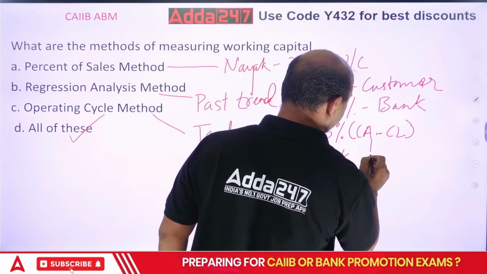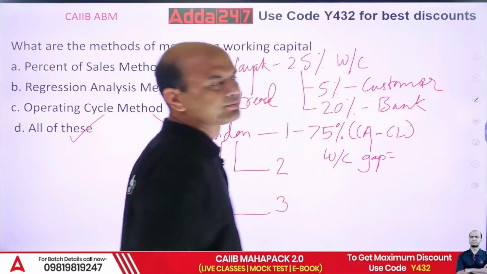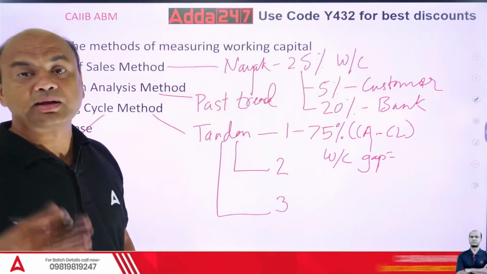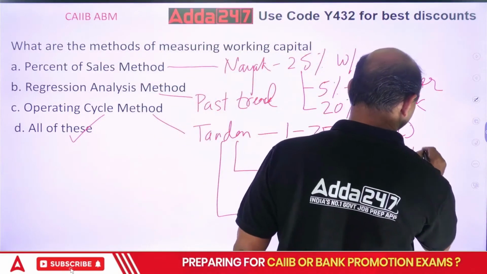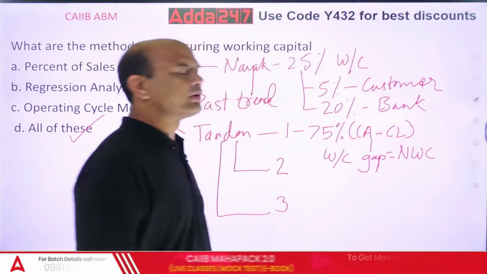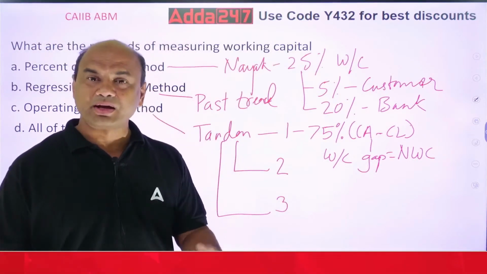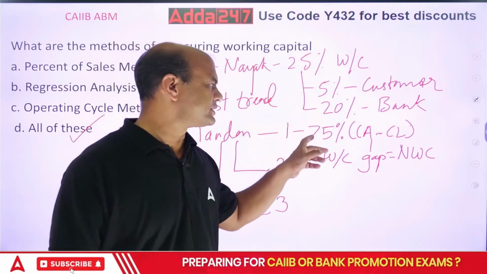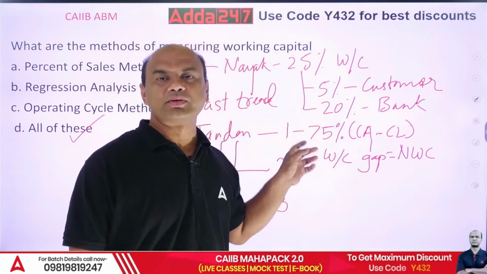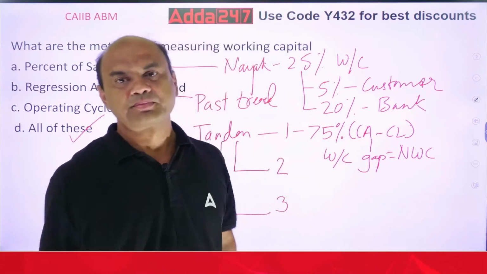Another word for it is NWC, net working capital. Depending on what your book wants, it will write either. So 75% of this NWC or of this gap is Tandon Committee method 1.